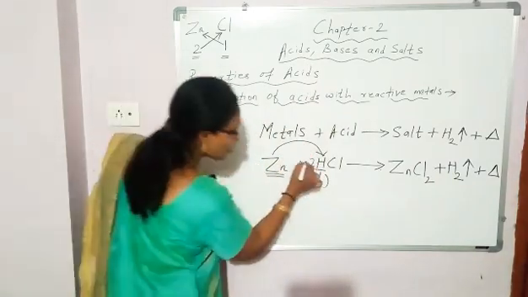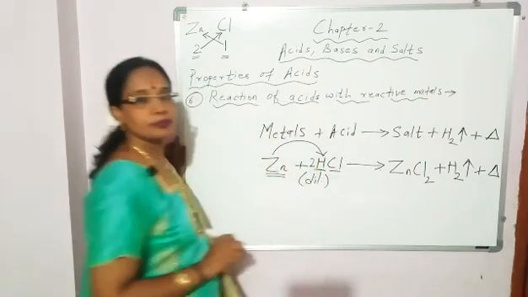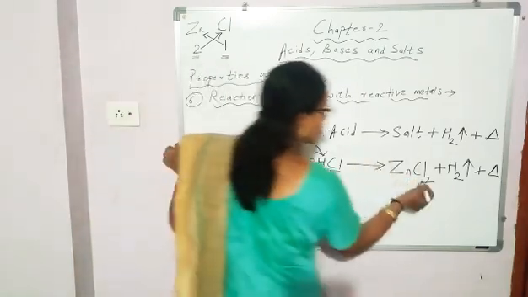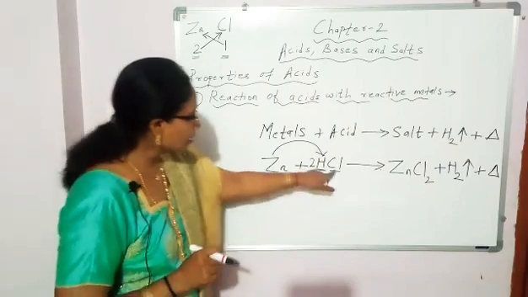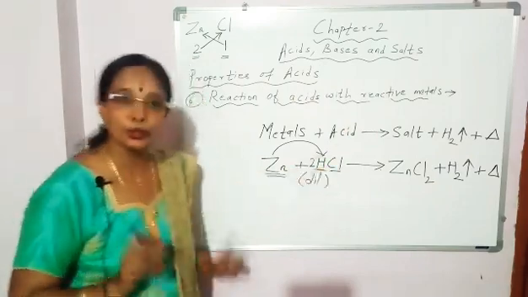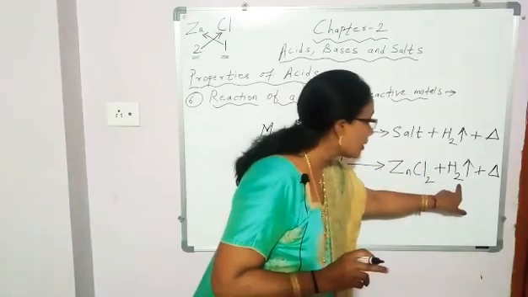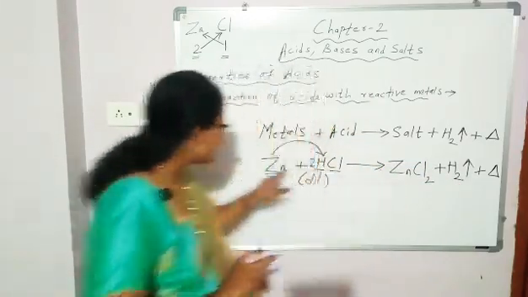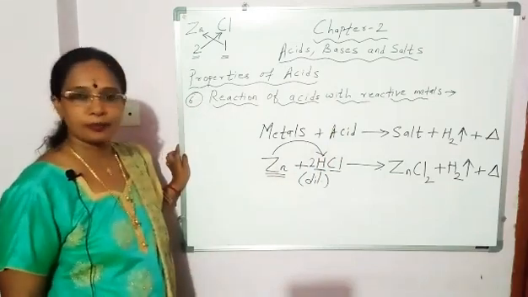Now this 2 is for hydrogen and also for chloride. Now this side, how many chlorine atom? 2. This also, how many chlorine atom? 2. How many hydrogen atom? 2. This side also, how many hydrogen atom? 2. Here, how many zinc atom? 1. This side also 1. Now the equation is balanced.